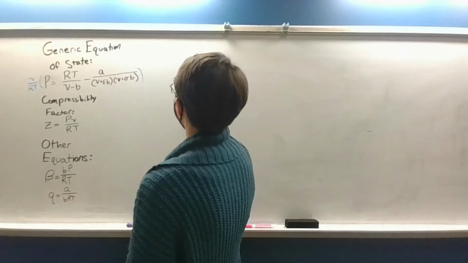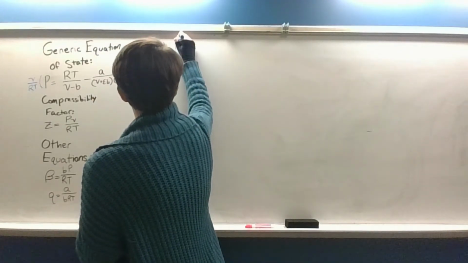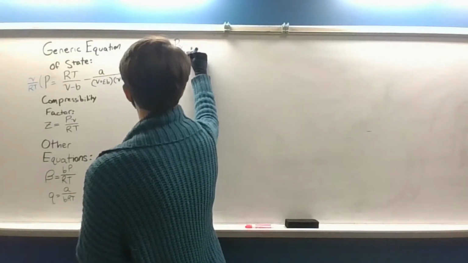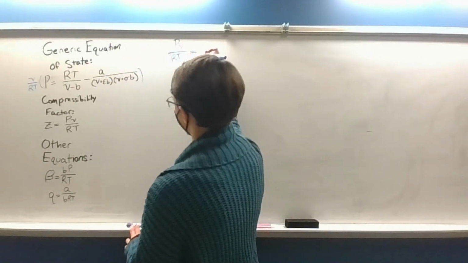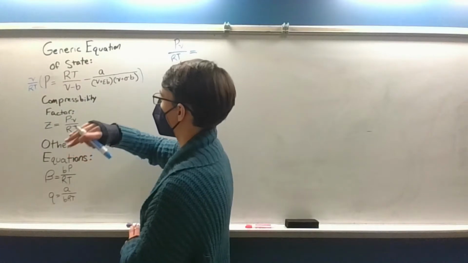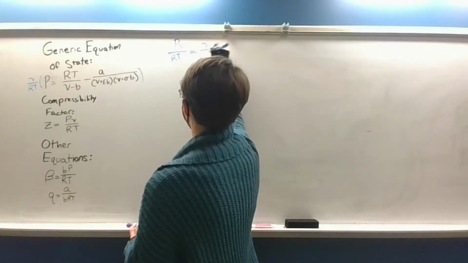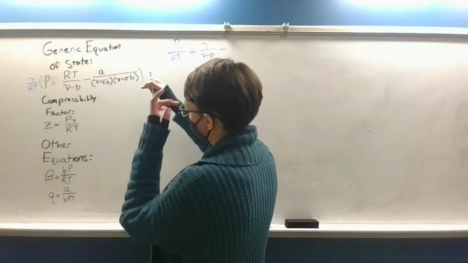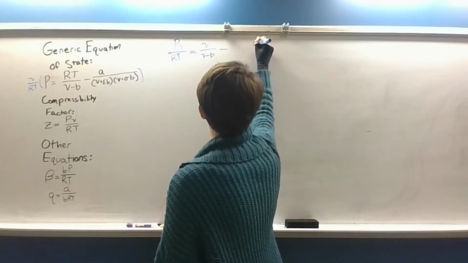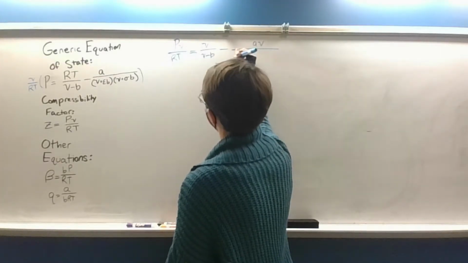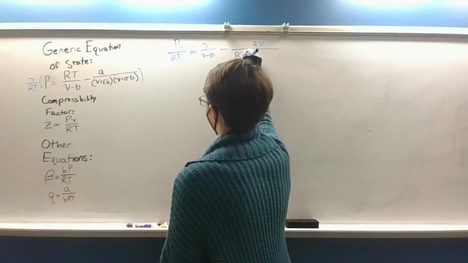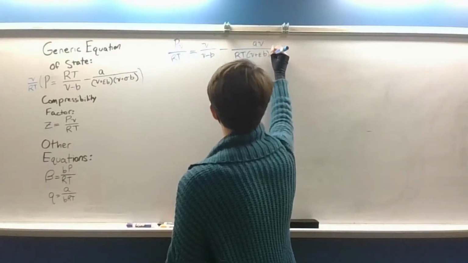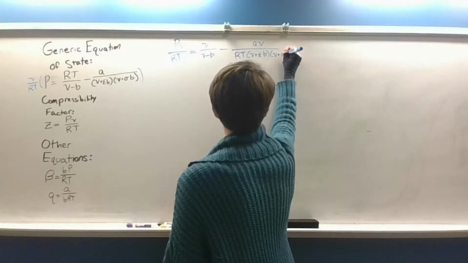So we've got pressure times specific volume over RT equal to, in this term, the RTs will cancel, so we'll be left with specific volume over specific volume minus b, and then minus A times specific volume over gas constant times temperature times specific volume plus epsilon b times specific volume plus sigma b.